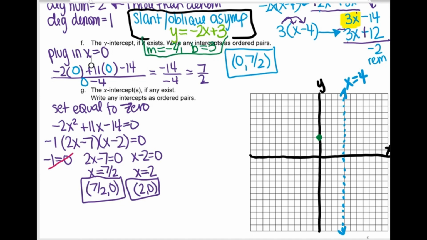So I'm going to go down 2, right 1, down 2, right 1, and I'm going to go all the way across the page or across my graph. Down 2, right 1. If I want to go back, I'm going to do backwards. So I'm going to go up 2, back 1, up 2, back 1. And connect them with a dashed line because it's an asymptote, and we can label it.